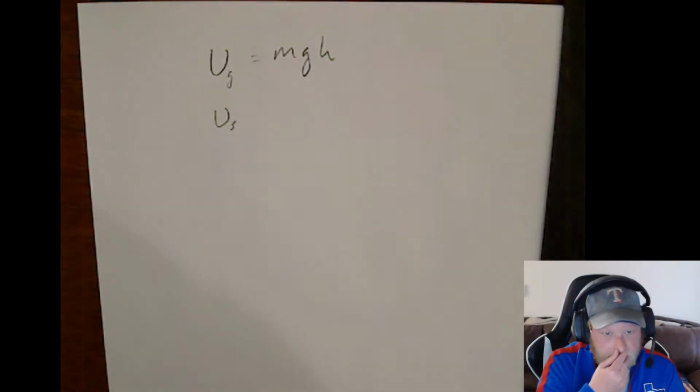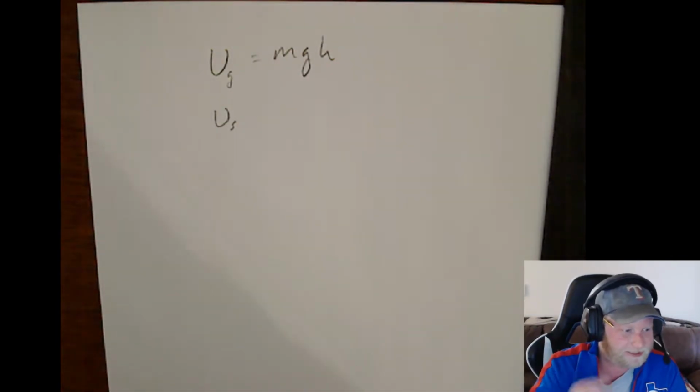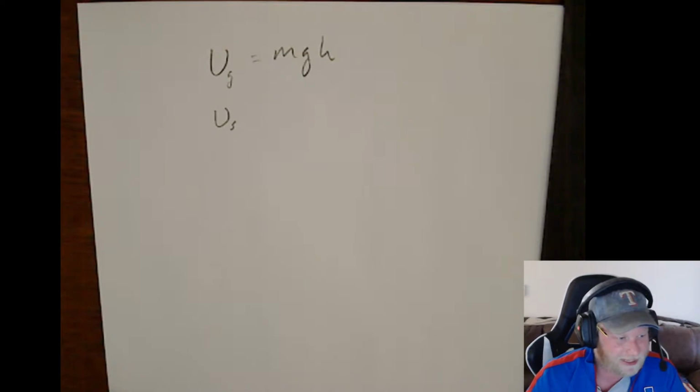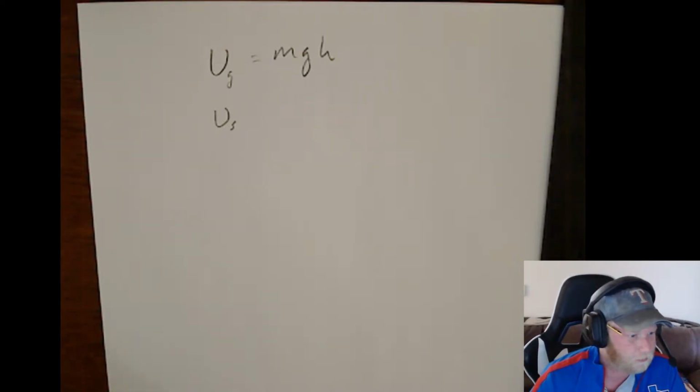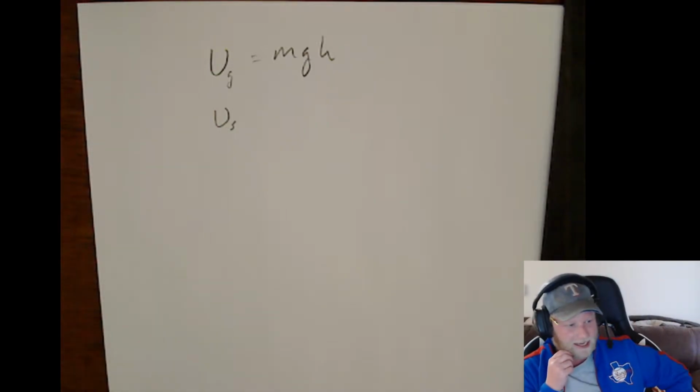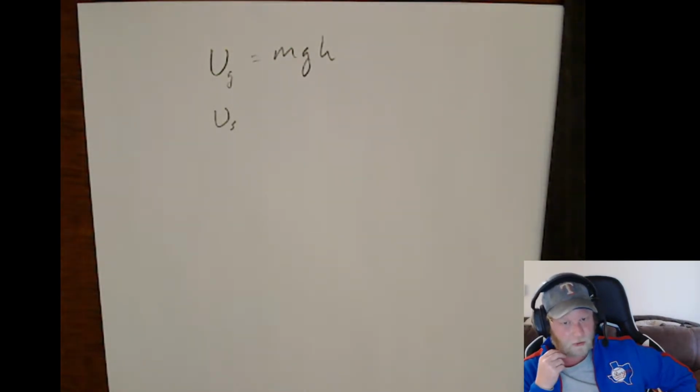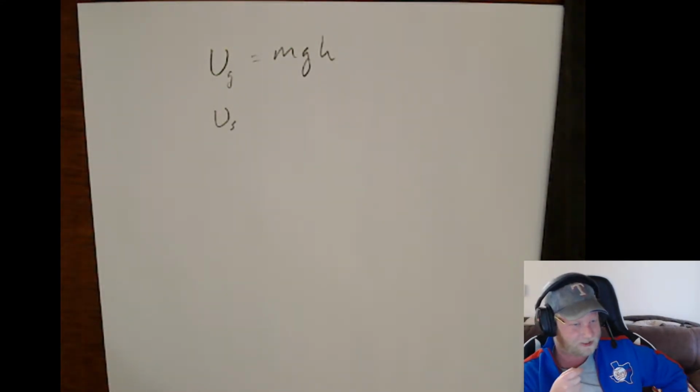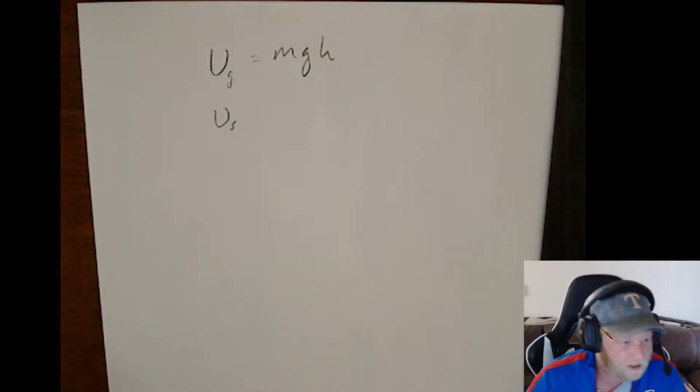But if we were doing that same lab inside the class, dropping it on the lab tables, height equal to zero would best make sense as the surface of the lab table. So where you set height equal to zero is entirely up to you.